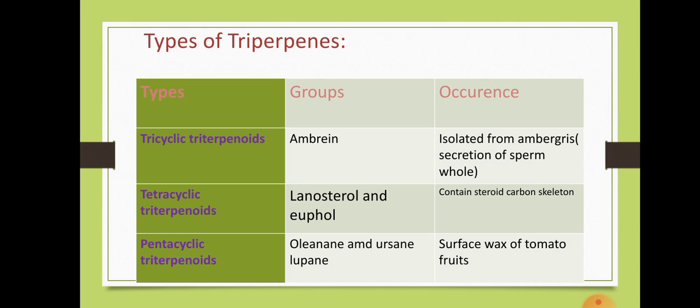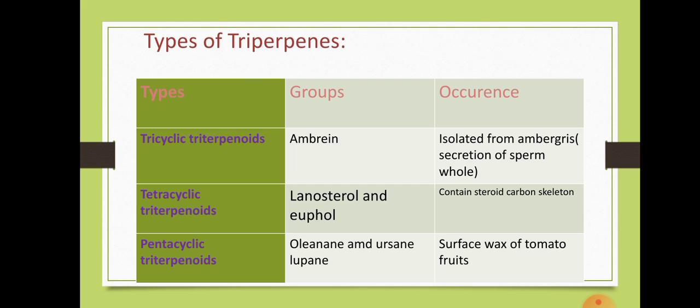Now let's go towards the types of triterpenes. There are three classes of triterpenes: tricyclic triterpenoids, tetracyclic triterpenoids, and pentacyclic triterpenoids. The tricyclic class has an example molecule, ambrane, which is isolated from ambergris, a secretion of the sperm whale. The tetracyclic compounds lanosterol and euphol are basically the steroid carbon skeleton.